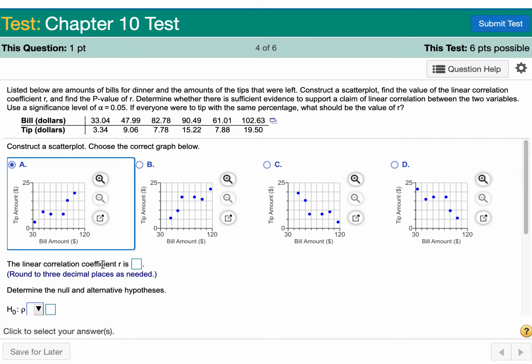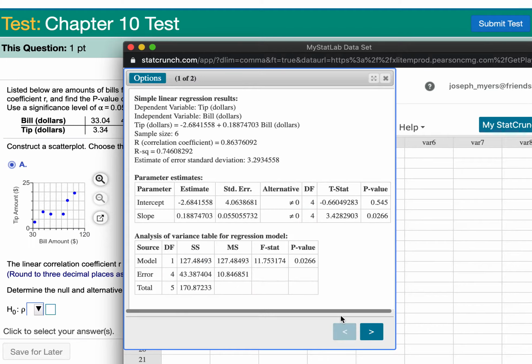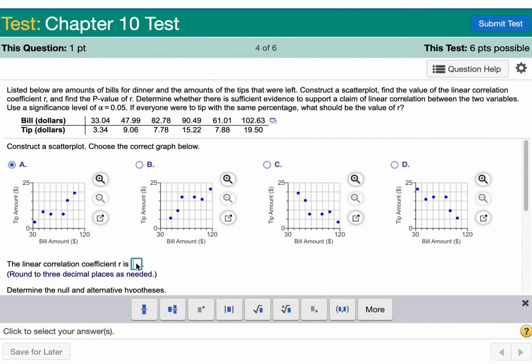Then let's find the linear correlation coefficient, R, from the sample. I go back using the left arrow, and the linear correlation coefficient, R, is equal to that number. One thing, if you are using APA format, for example in psychological reporting, any number that cannot exceed 1, they'd usually leave off the number before the decimal point.